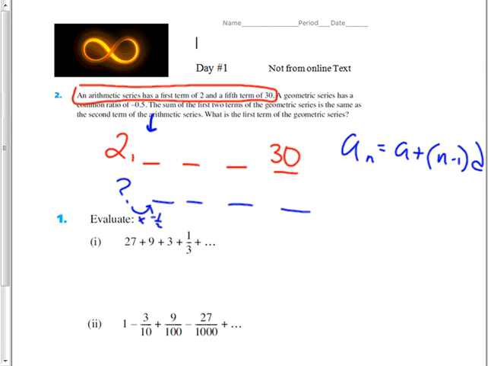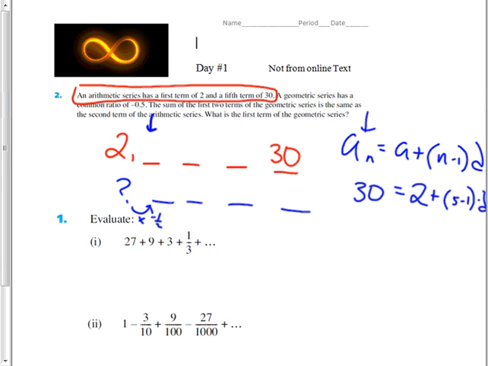That tells me any term. So let's try the 30 in there. If I had 30 was my term, and it started with a 2, plus, do I know what term that was? Yeah, it was the fifth term. 5 minus 1 times d. I don't know the common difference. That's the whole point. So solve for d. You get how you can solve for the common difference there?